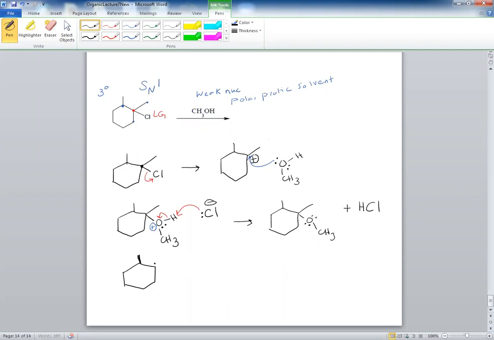So I'm going to start by making this methyl a hashed line, and the methoxide a wedge, plus this one. Watch how I'm alternating. So that indicates that we have a racemic mixture.